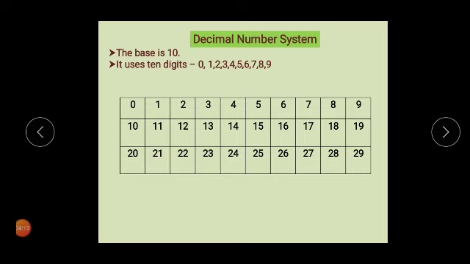Then after 1 the next digit is 2, so we write 20, 21. Like this we write numbers in the decimal number system, and the number of digits in the system is called the base of the number system.